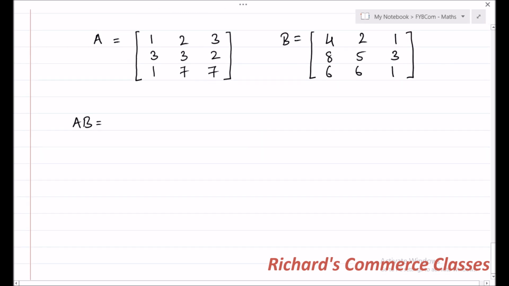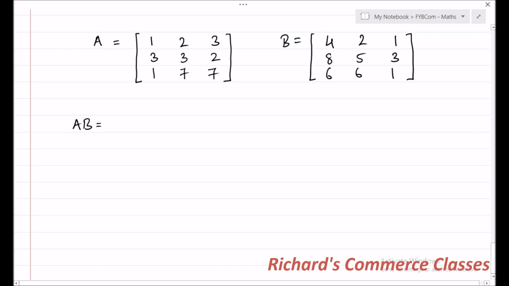Now take the first row of A, that is 1, 2 and 3, and take the first column of B, that is 4, 8 and 6.